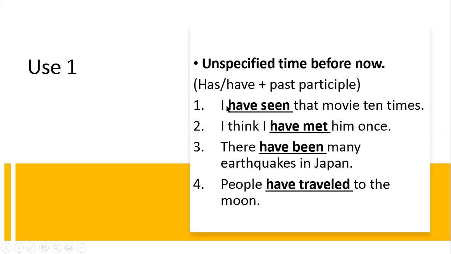For example, I have seen that movie 10 times. I think I have met him once, where we can see have plus past participle. There have been many earthquakes in Japan. Many people have traveled to the moon. In all these sentences, you can see past participles, which refer to a time before now.